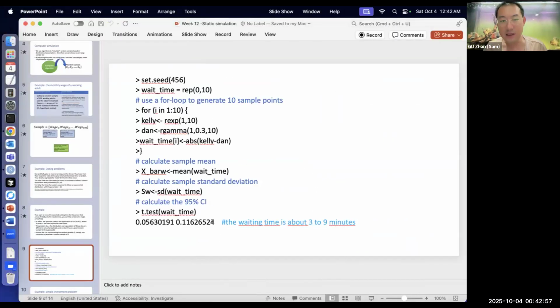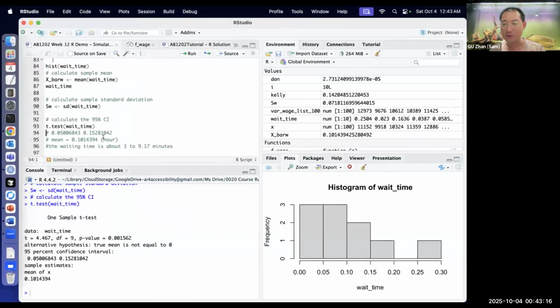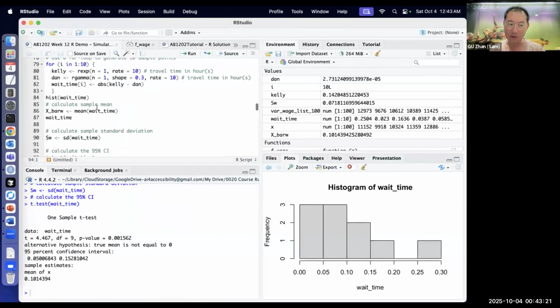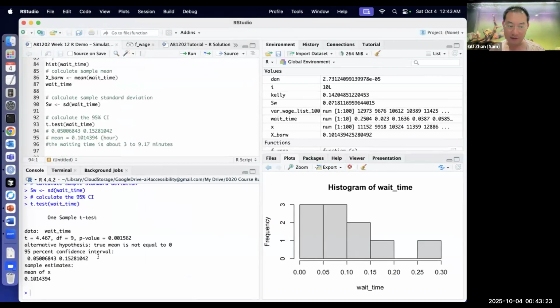Mine is slightly different. Potentially it can be the reason of the R version. Sometimes when R upgrades a major version, the random seed values may change. So this may be one possible explanation why the slides' result is different from the result from my R. But if you run my R code on your own computer, you should have similar values, the same value as me.